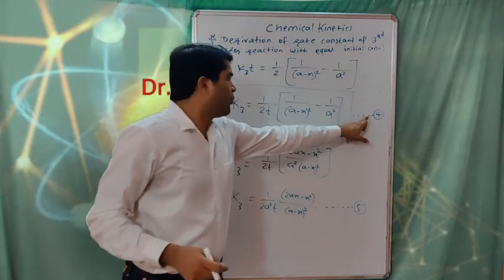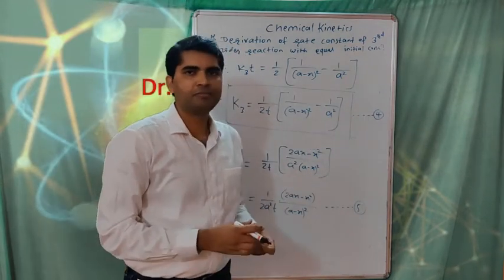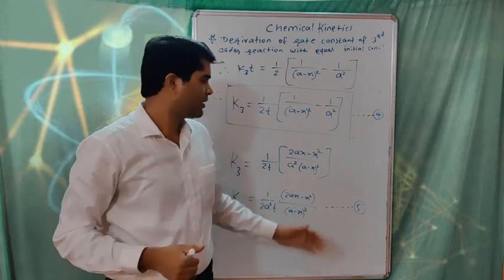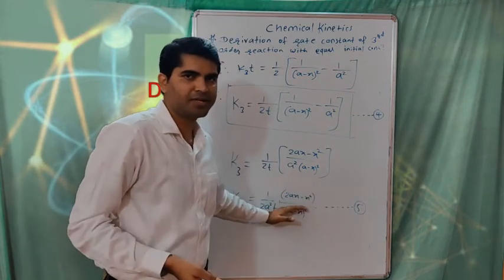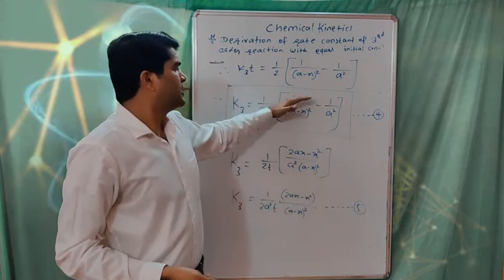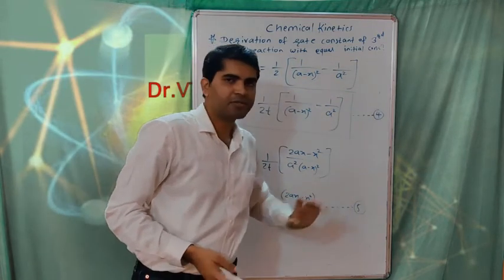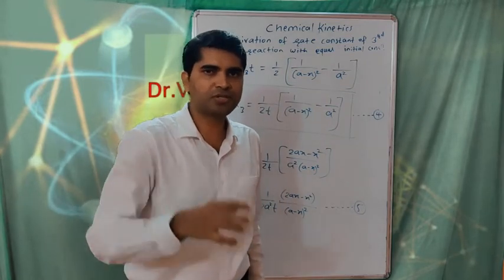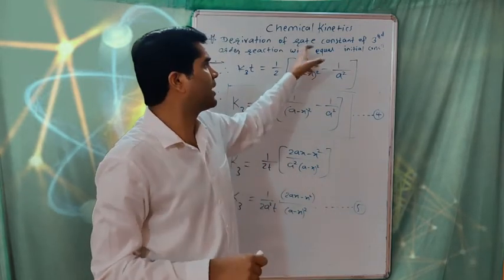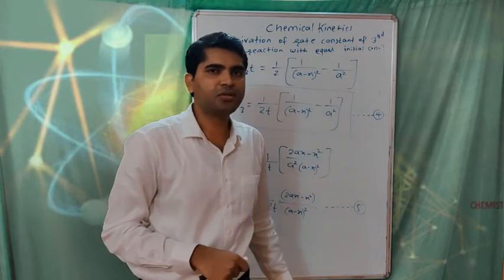Observe equation 4 and equation 5. Both equations are the same only. After some calculation we are getting this equation. Both equation 4 and equation 5 are the equations of rate constant of third order reaction with equal initial concentration.